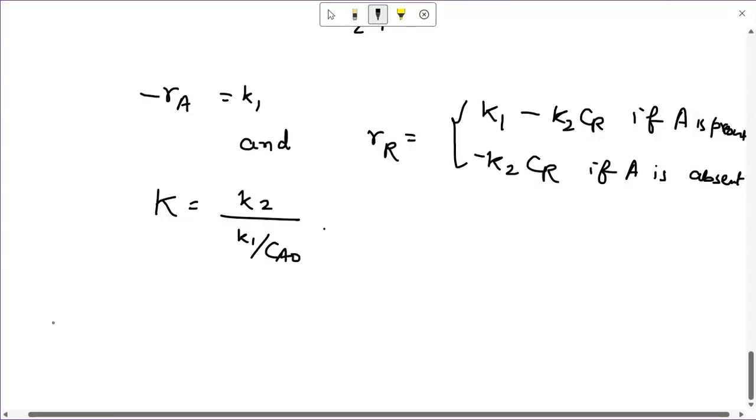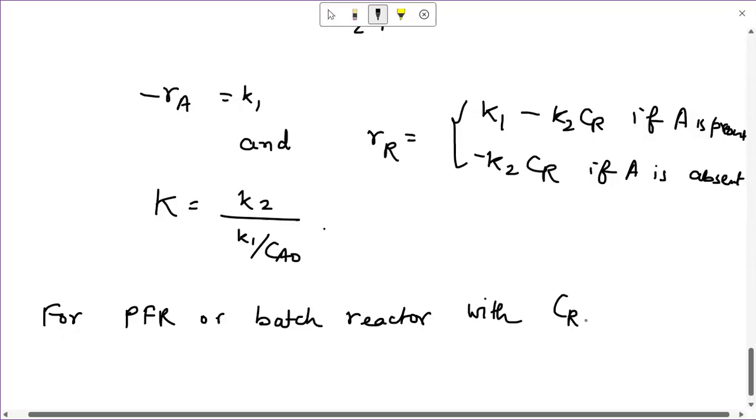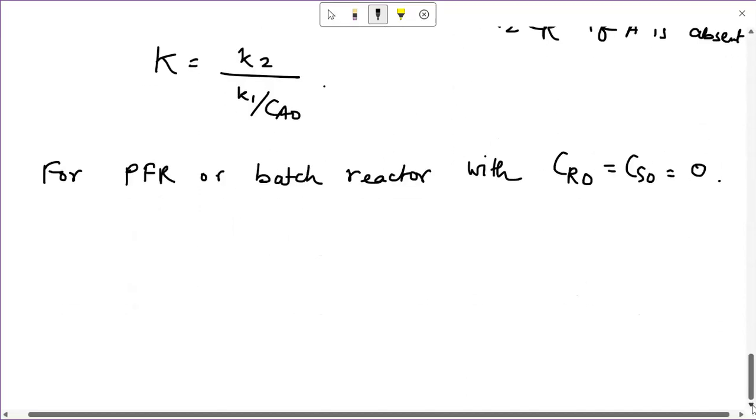So for a PFR or a batch reactor with initially no R and S present, that is Cr naught equals Cs naught equals 0, we get Ca by Ca naught equals 1 minus K1T by Ca naught.